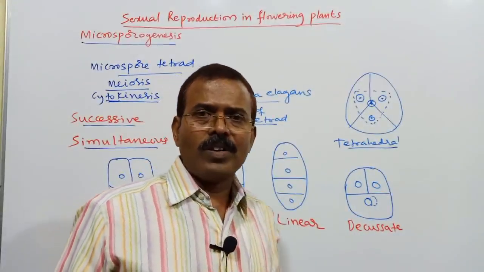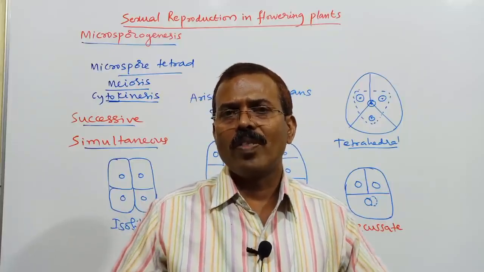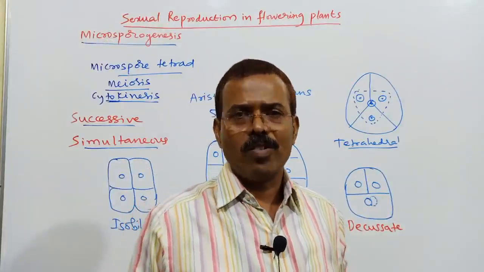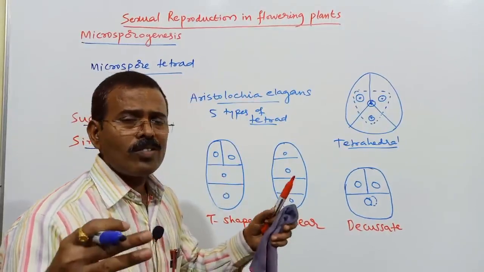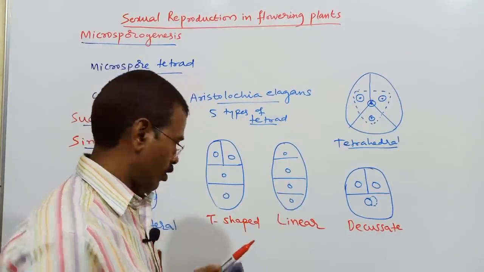So after the maturation of the anther, there will be dehiscence of the anther and these pollen grains or microspores will be released. See, the pollen grains are found as a tetrad, microspore tetrad or pollen tetrad.